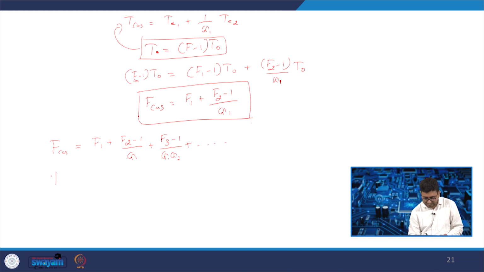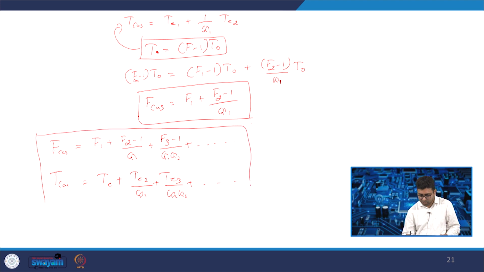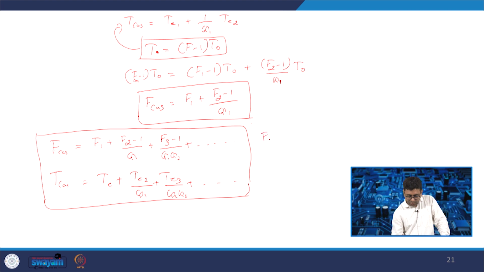Similarly, you can write T cascaded equivalent temperature as TE1 plus TE2 by G1 plus TE3 by G1 G2, and it will go on. This is a very important equation, also called the Friis formula for cascaded noise figure.